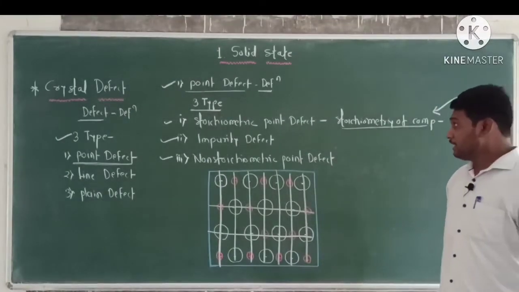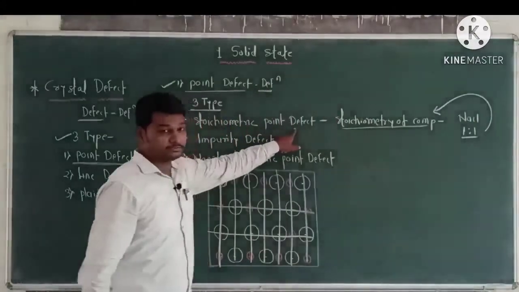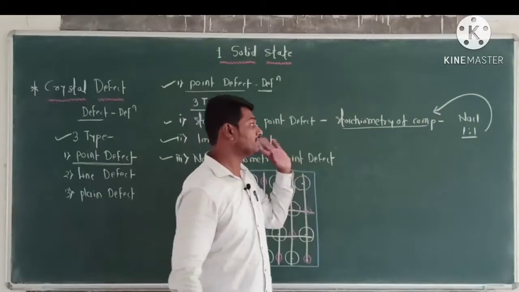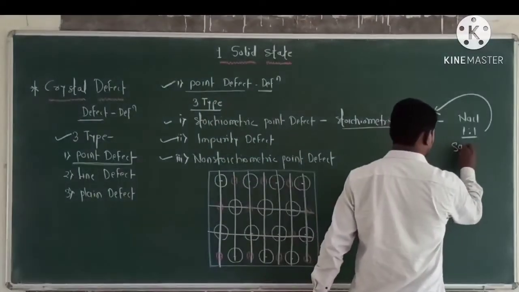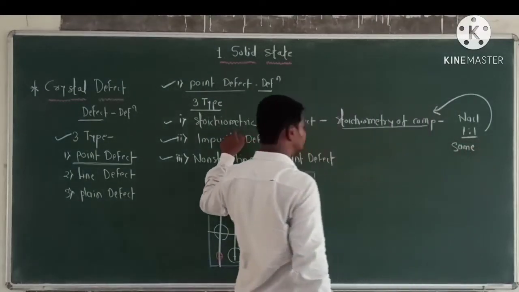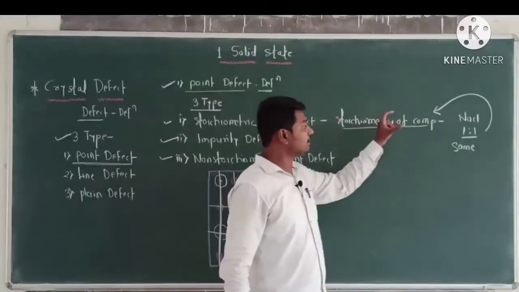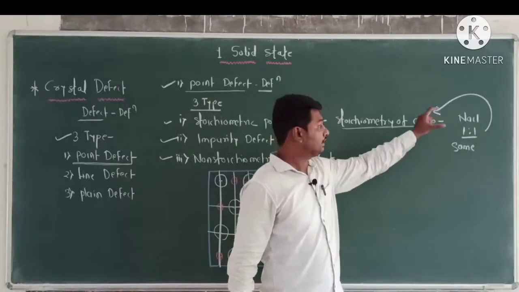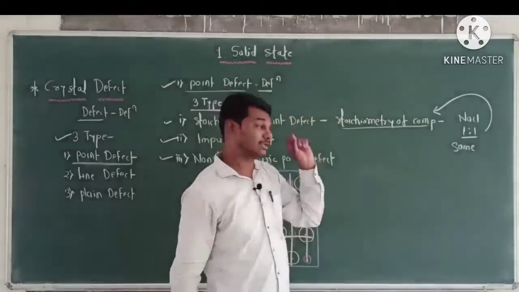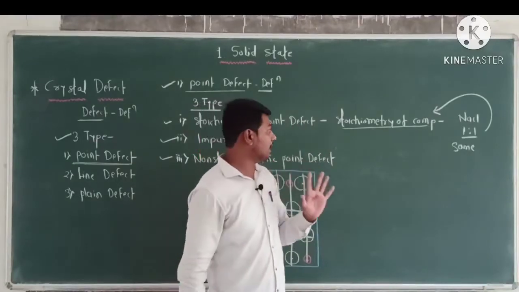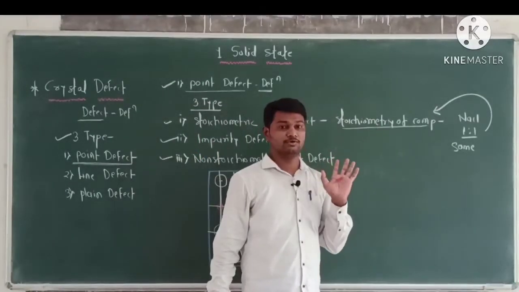Now in a stoichiometric point defect, the fixed ratio of the compound remains unchanged. That means the number of cations and anions remains the same.